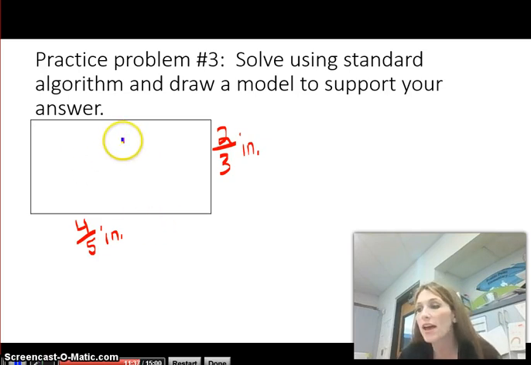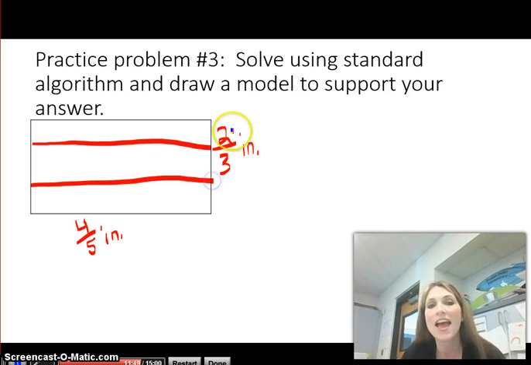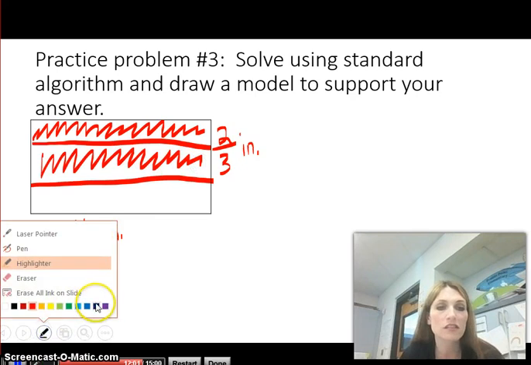All right, so let's go ahead and let's look at this. I'm going to look at this fraction first. I'm going to divide this into 3 equal pieces, or hopefully somewhat equal. And then I'm going to color in 2/3, so 1, 2. Now I'm going to change my color here.